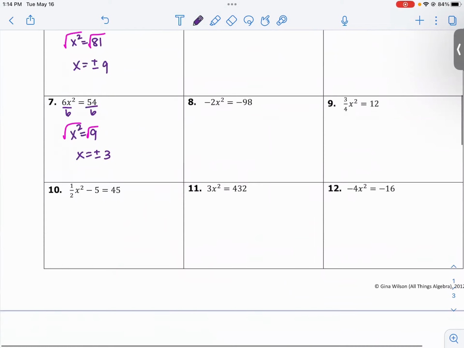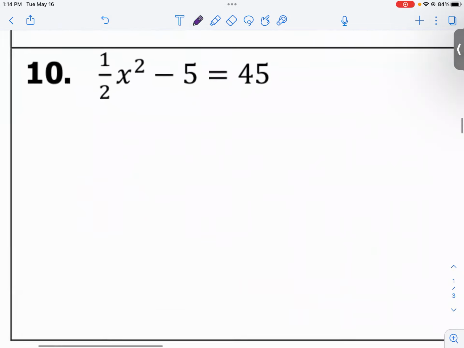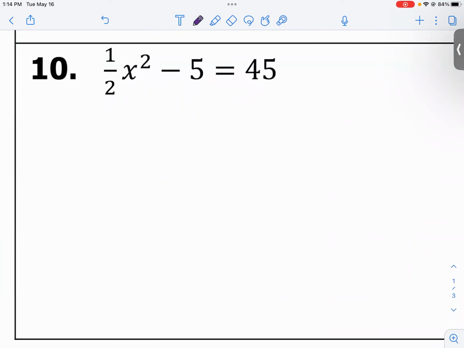So let's talk about number 10. X squared equals plus or minus 5.